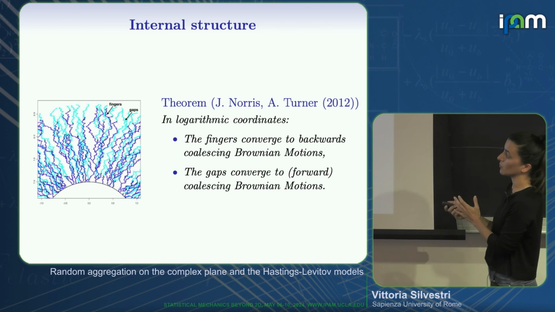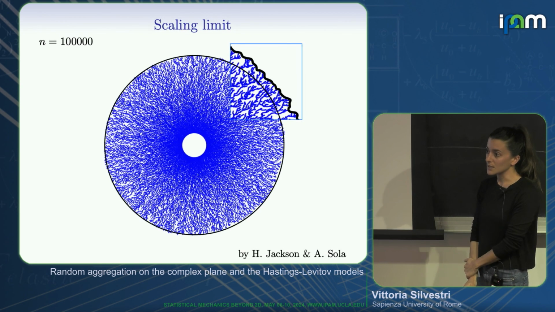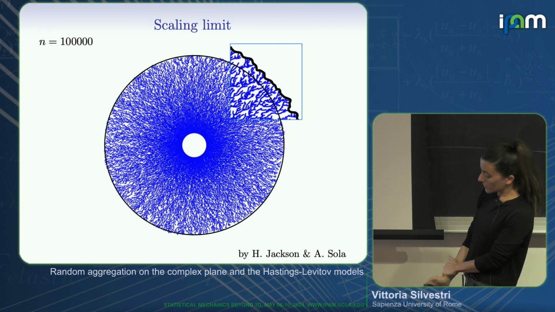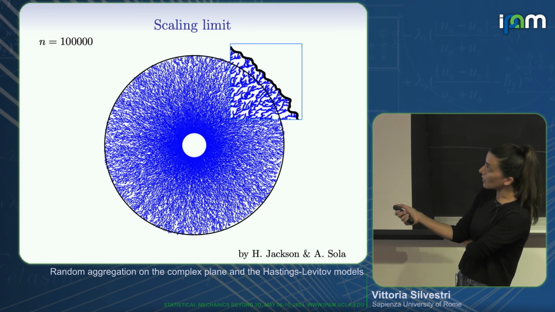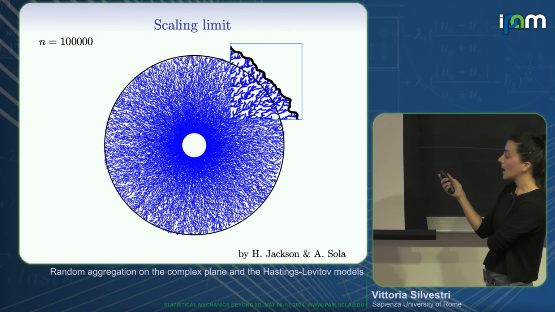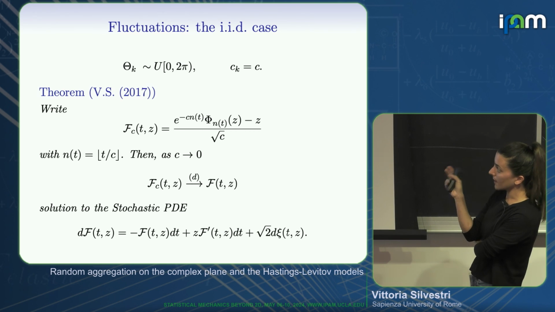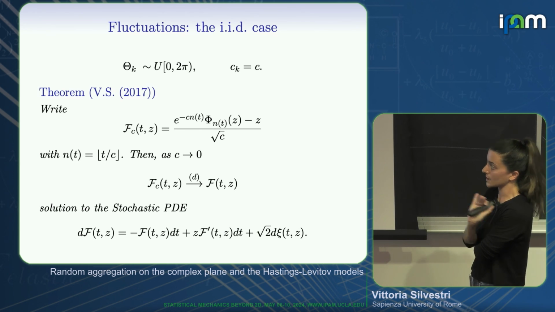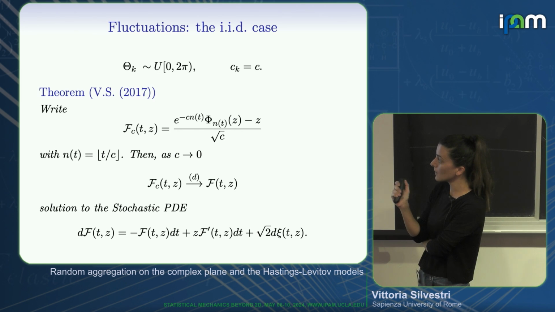Okay, just to say, also the inner structure of these clusters is interesting. And once you have a shape theorem, you can wonder, well, what happens if I zoom in and look at the fluctuations around the limiting shape? And so this is, again, for the IID case, the alpha equals 0 case, in which you just accept the conformal distortion, and so you have IID conformal maps.